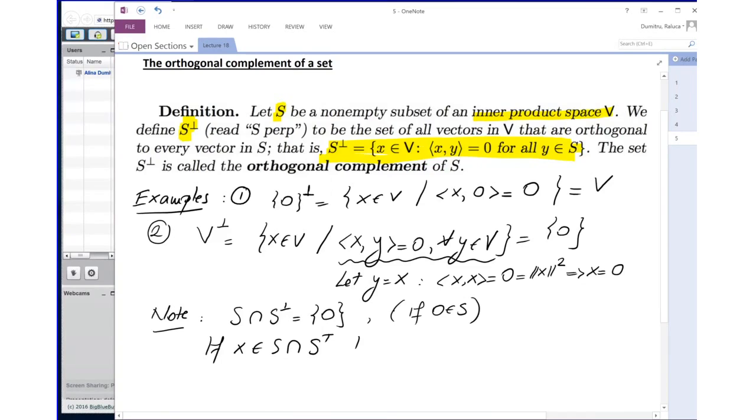But if X is in both, then because it is in the orthogonal complement of S, I wrote T, but it's not T. So because X is in the orthogonal complement of S, the inner product between X and anything in S is 0. In particular, the inner product between X and itself, if it's in both, in the intersection, must be 0.